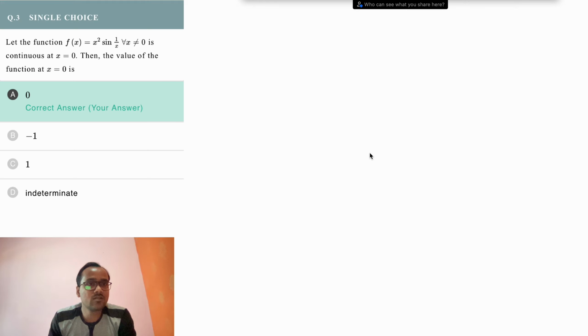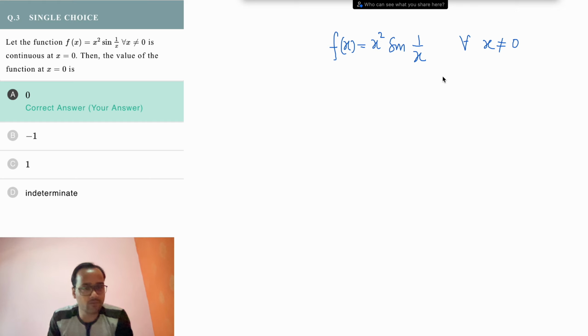Let fx is x square into sine 1 upon x for every x not equal to 0. Okay. And it is said that the function is continuous at x equal to 0.